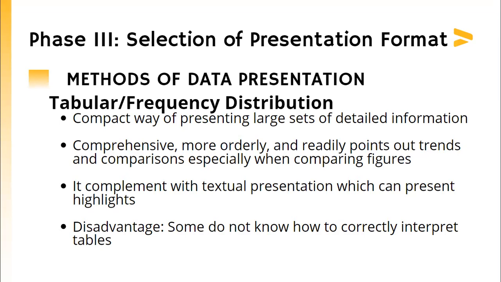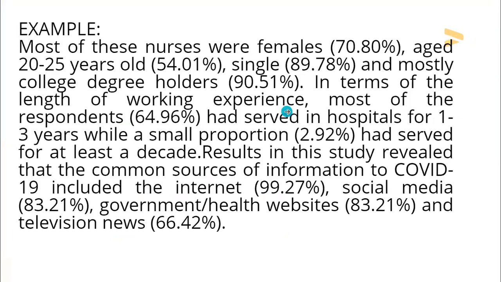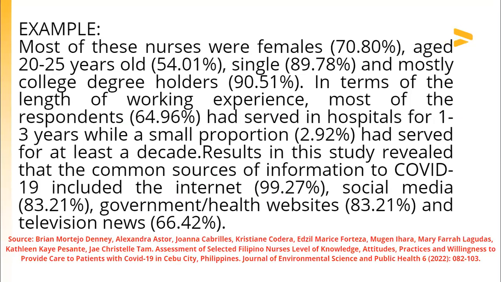comparing trends or figures. So it complements with textual presentation which can present highlights. So usually you present a table and then below you do a narrative or textual presentation. So your narrative or textual presentation would explain what's in the table. So previously, this narrative way of presenting the data was actually preceded by a table, but I did not include the table.